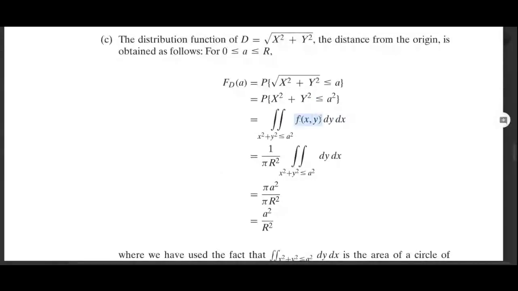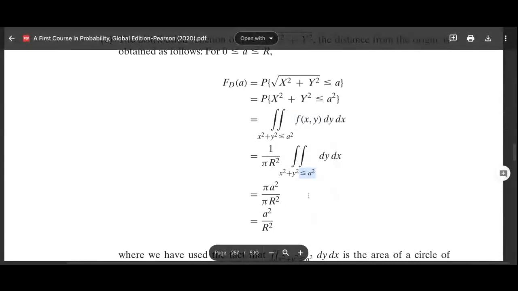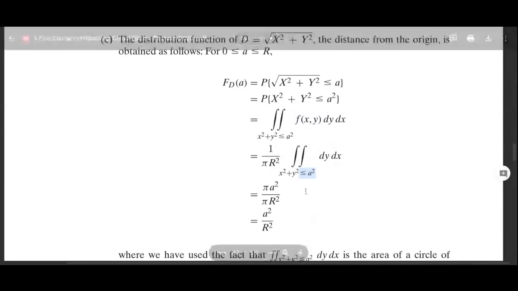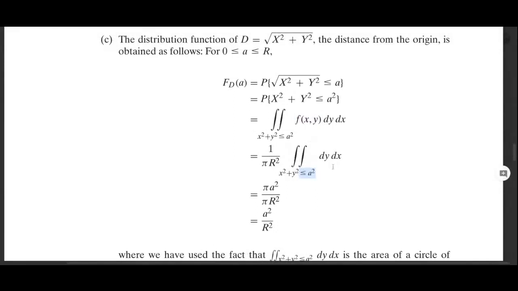It is the double integration of the density function over the circle of radius a. That's 1 over pi r squared, times the area of the circle with radius a. And what's the area?